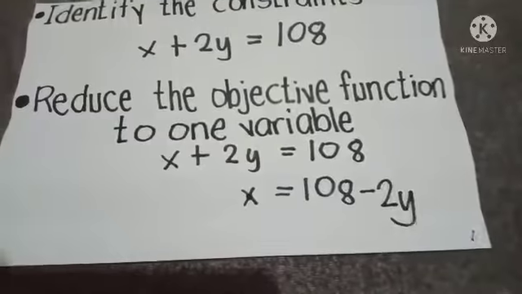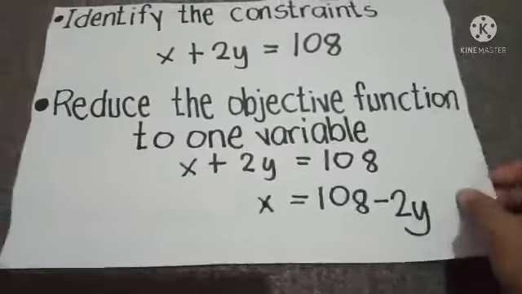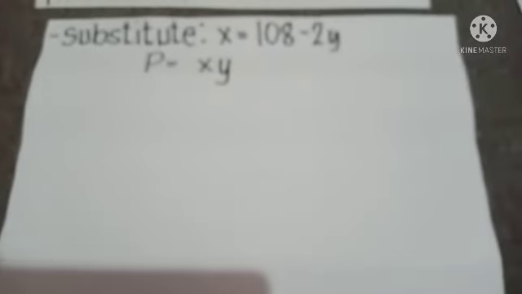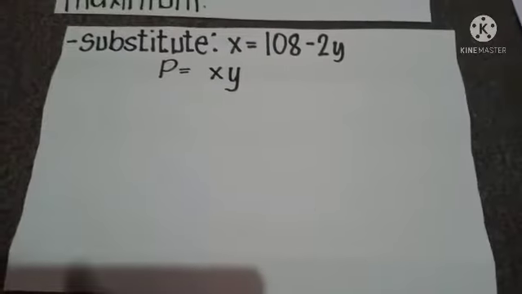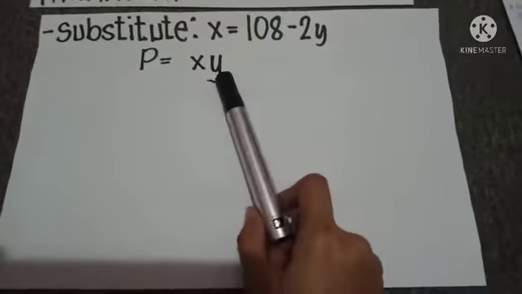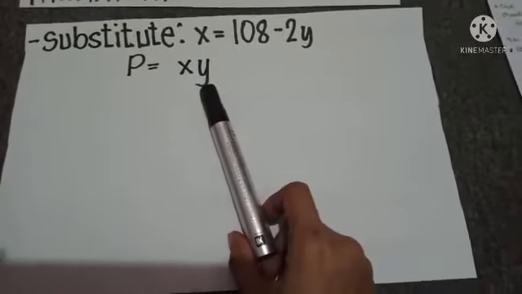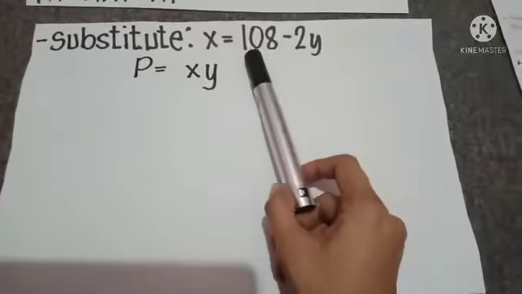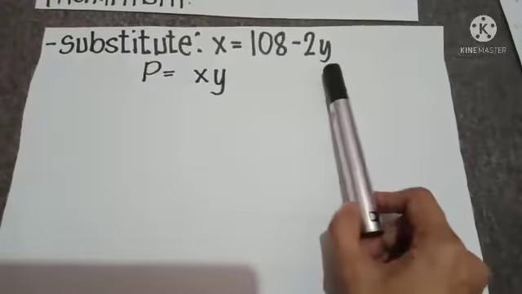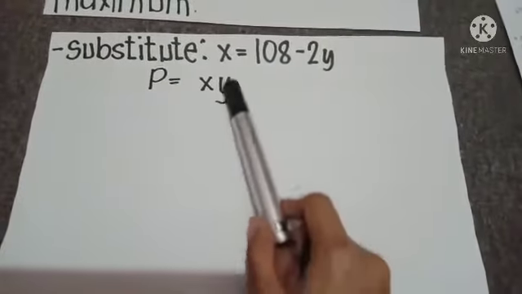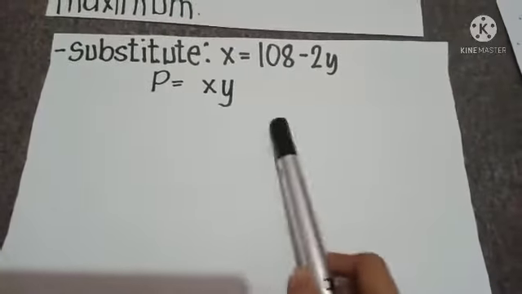Then from this value of x, we just have to substitute it into the objective function, which is p equals x times y. The value x equals 108 minus 2y will be substituted into this equation.